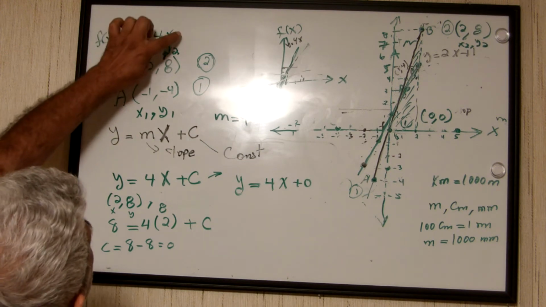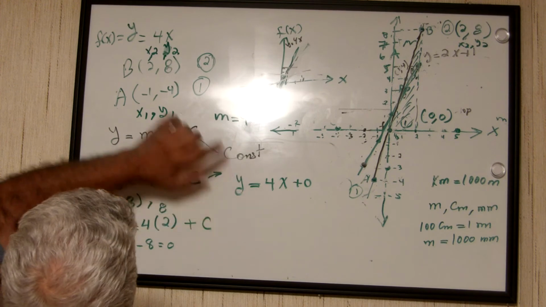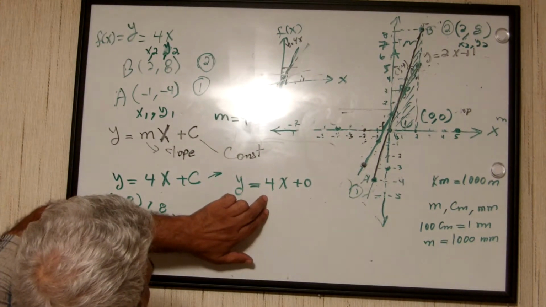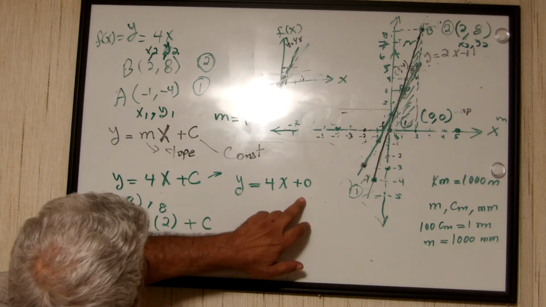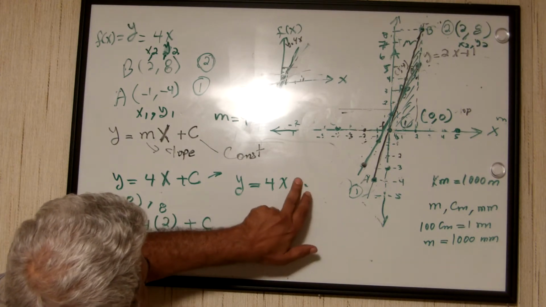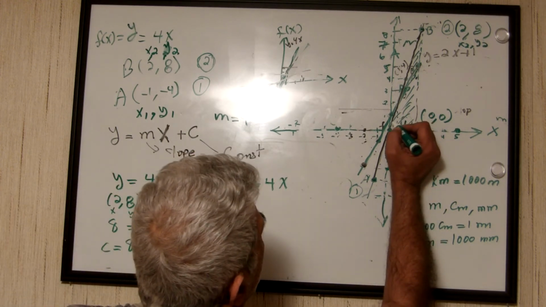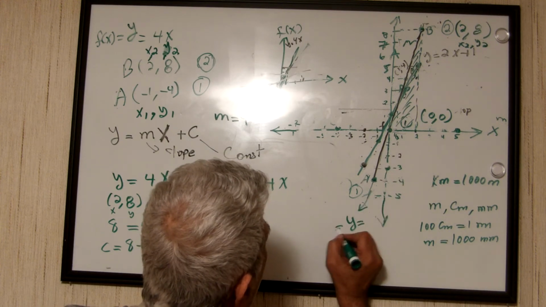But see, in the same equation, we first find 2 points, and then we find the slope, and then we find the constant. So we don't write 0. So the equation of this line is y, or f of x.